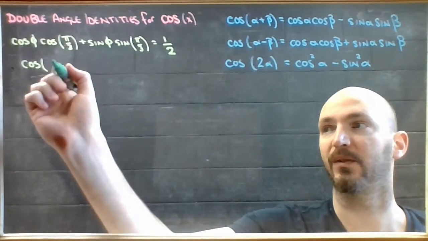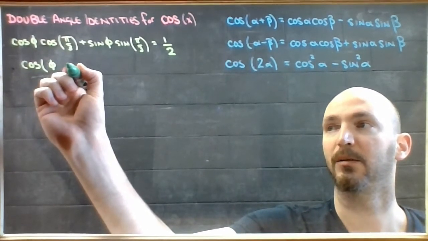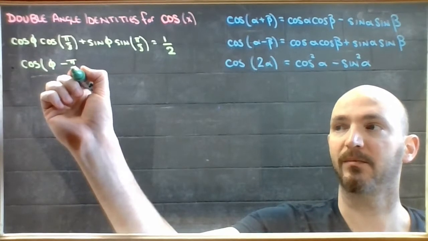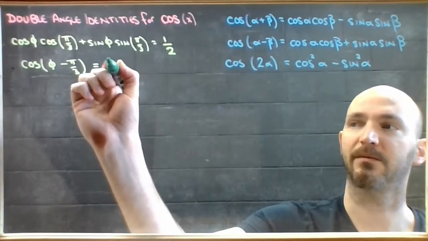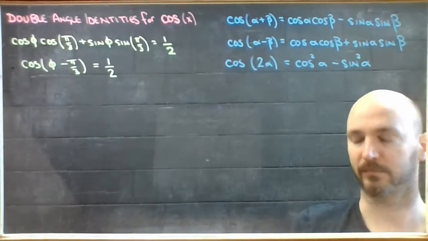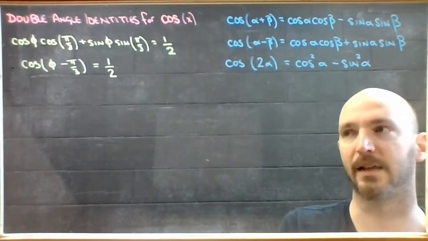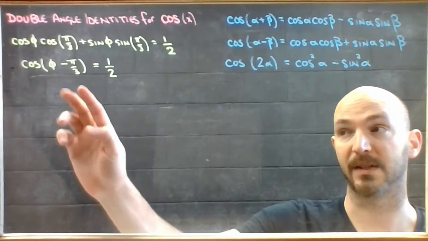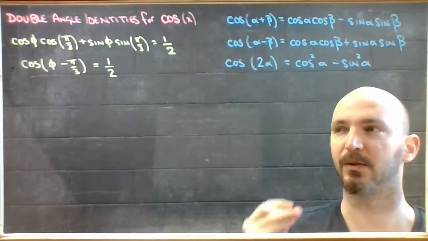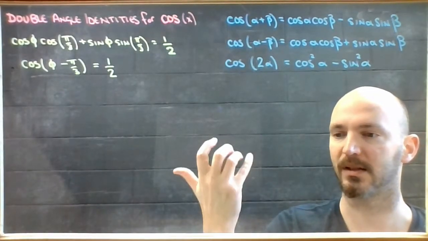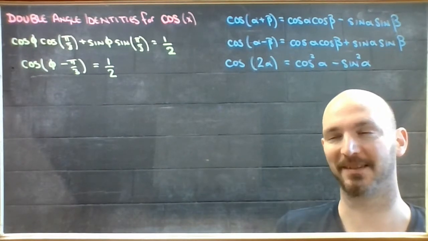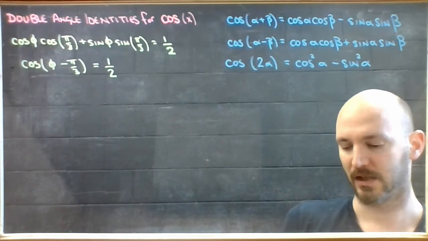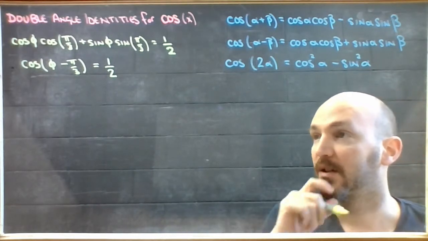So cos of phi minus pi over 3 equals 1/2. I think in the end, for cosine specifically, it doesn't really matter which one you do backwards because cos is symmetrical around the y-axis. Sketch one and see that that's true. So I'm going to continue with this.